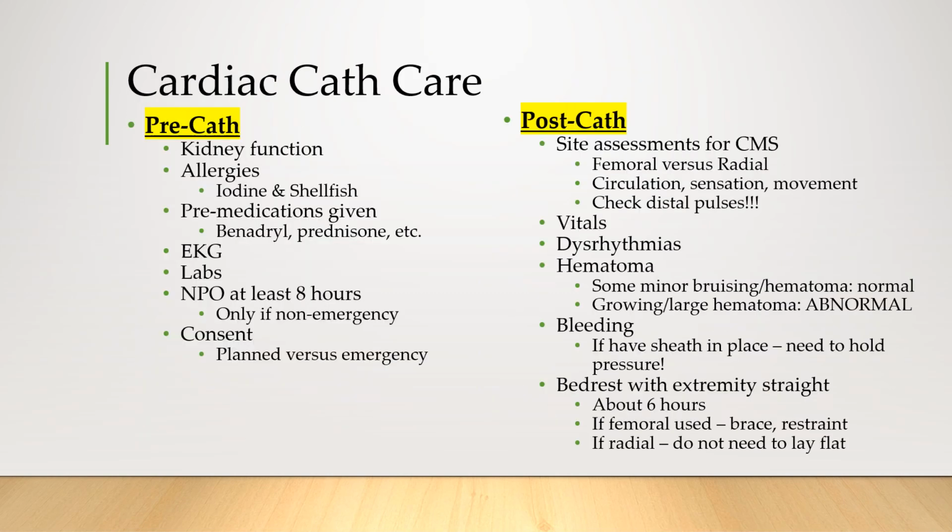So let's talk about cardiac cath pre-op, okay? So 4 things we're going to be watching for and assessing for renal issues right before that cardiac cath happens, okay? We want to make sure the patient does not have an allergy to iodine. We're going to be giving IV fluids before the cath and during the cath to keep the body washed out, because those dyes we give during a cath are very hard on the kidneys.